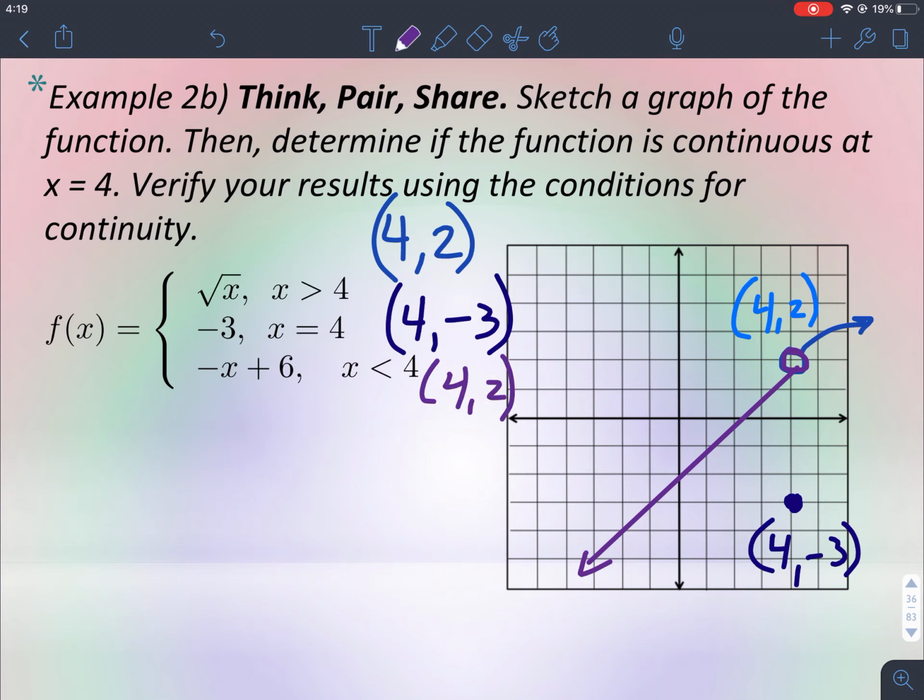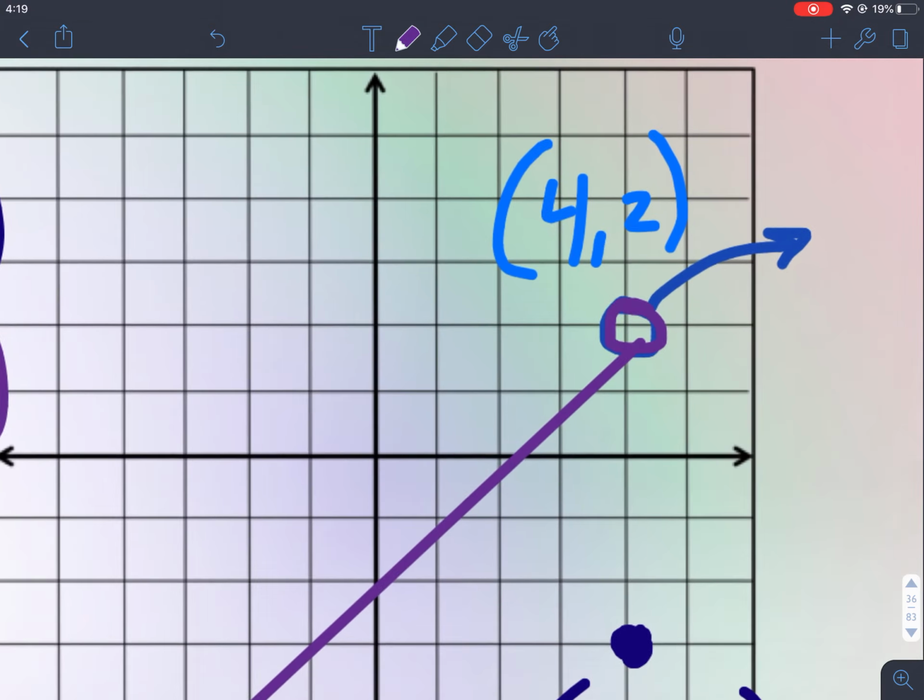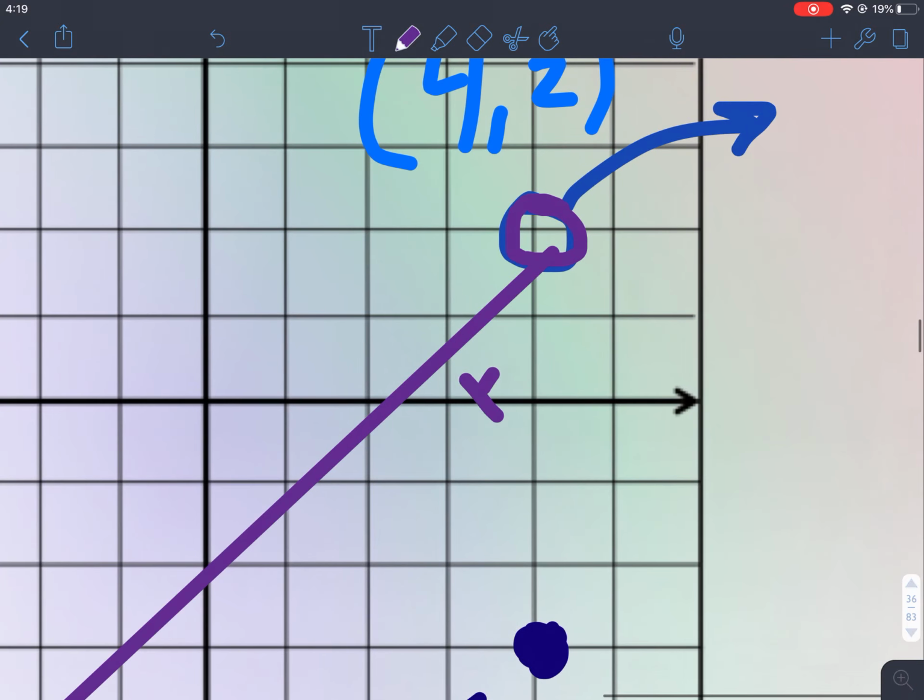That's my graph. Is the function continuous at this exact point, x equals 4? And that answer is no, it is not, because I see that there's an open circle here.